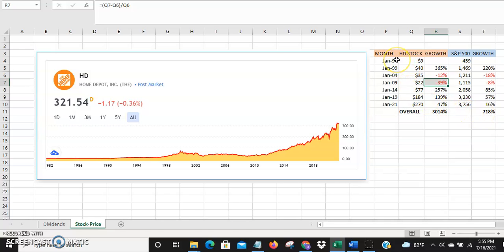Now look at this interesting thing. If someone would have just invested in Home Depot, they would have beaten the S&P 500 in pretty much every 5-year period, other than this brief period. Pretty much every 5-year period for 26 years, they would have beaten it, plus also overall.